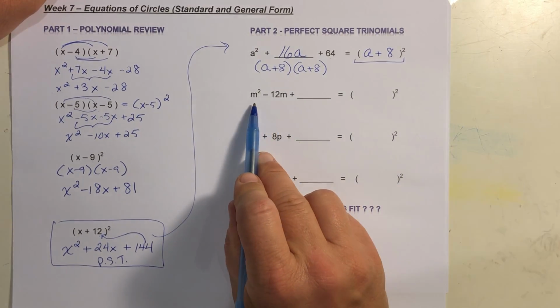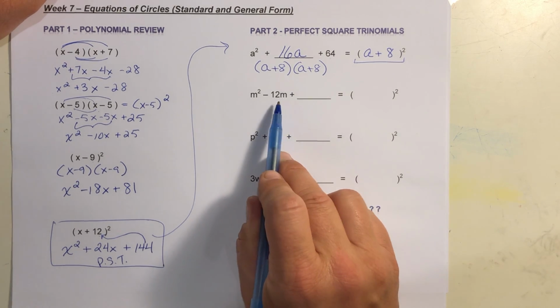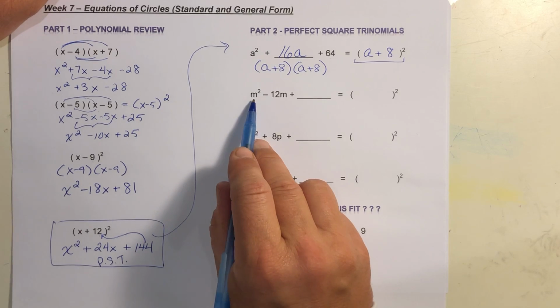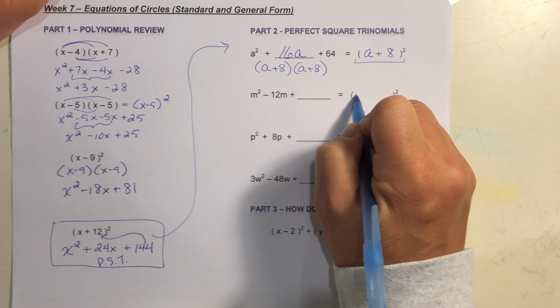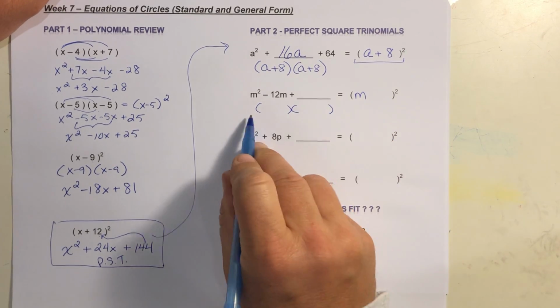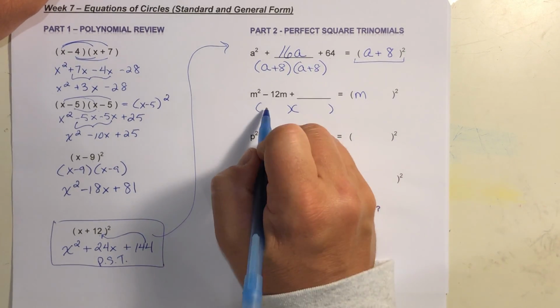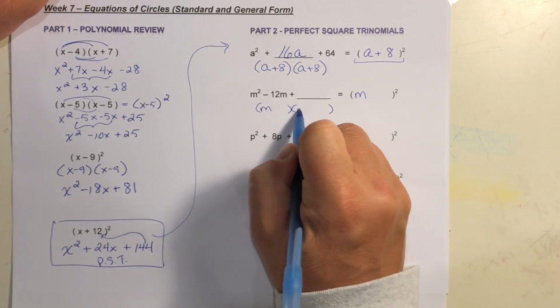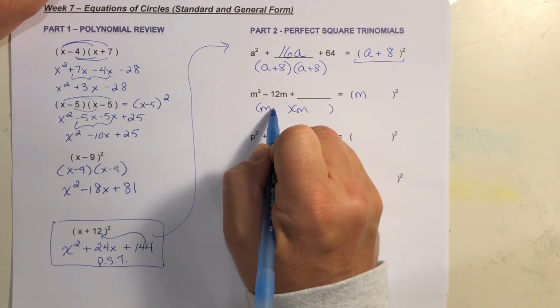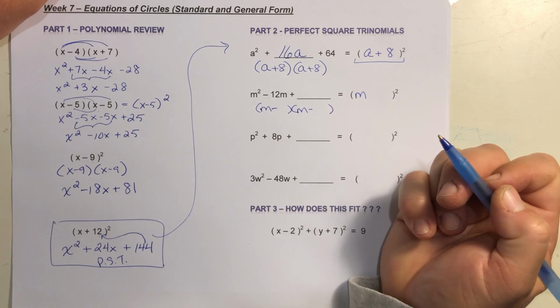But again, I want to create a perfect square trinomial. Now if you notice, I have different information than I did in the beginning. Well, I know that this front term is going to be m times m, right? So maybe I'll continue this format for this last type. I'll put m here. There we go. M times m. Now I notice that I have subtraction here, so that's going to be minus and minus.